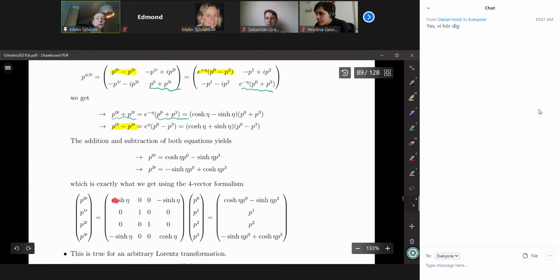So p0 prime was cosh eta p0 minus sinh eta p3. So this multiplication gives us the new p0, and p3 prime was minus sinh eta p0, 0 p1, 0 p2, and cosh eta p3.